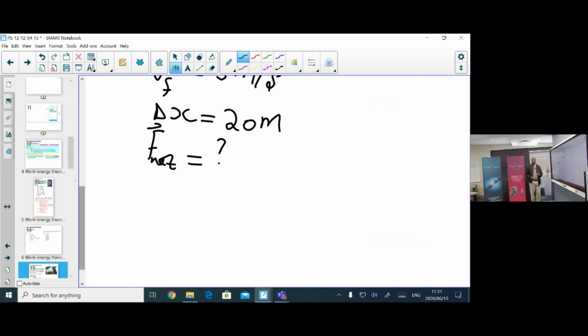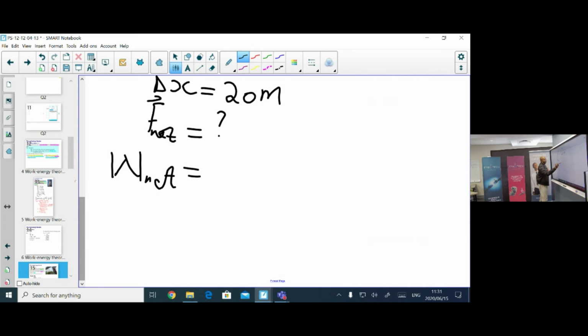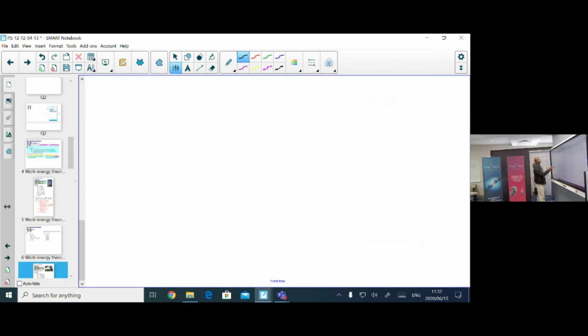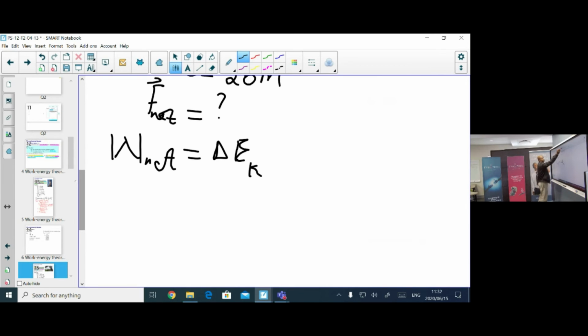All right, let us go back to the formula of the work energy theorem. Okay, if you can just look at it, it's W net, which is equal to change in kinetic energy. All right. Let me extend it. What is it needed there? That is the force. We all know that the formula of work is equal to the product of the force and the distance. All right.